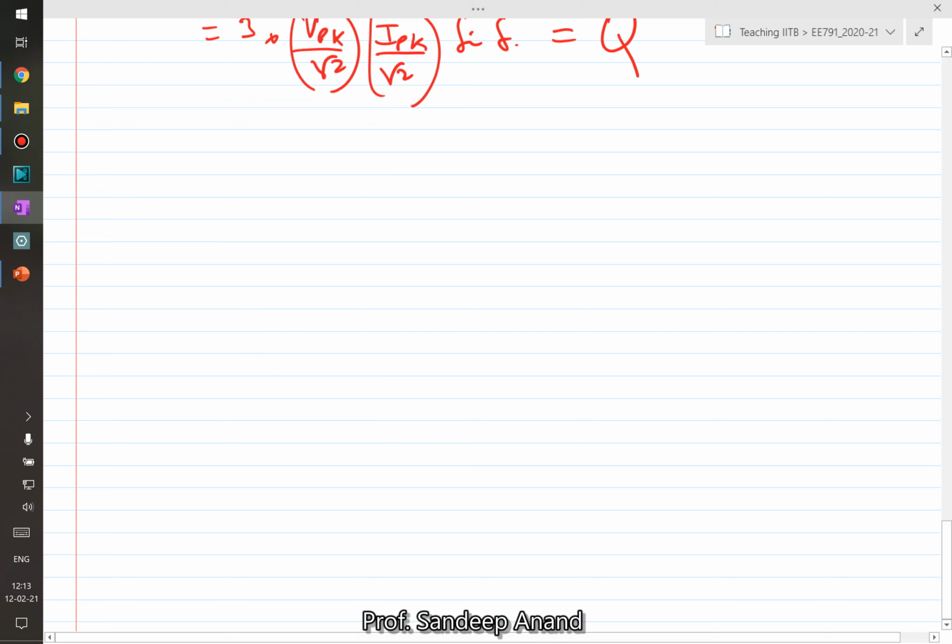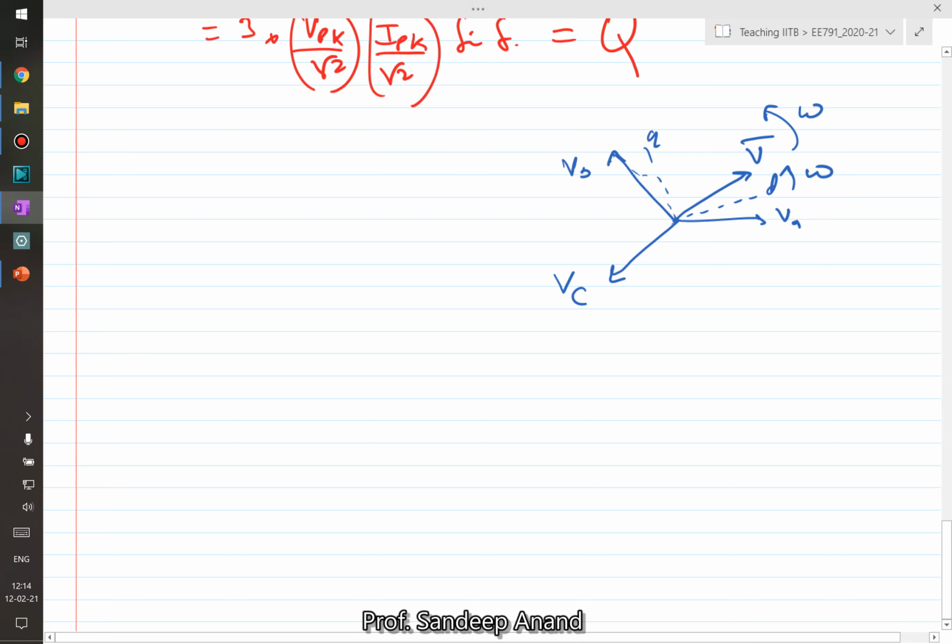So if you have A, B, and C vectors, and the resultant voltage vector is rotating, as we understand, with the speed omega. Now we obviously have a dq0 frame which is also rotating with the speed omega, and thus this resultant V vector gives rise to two DC components.